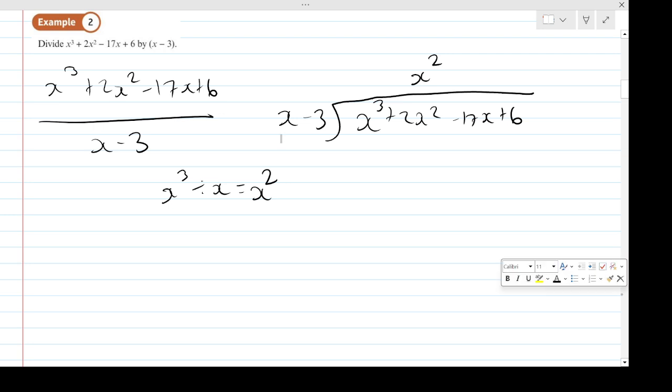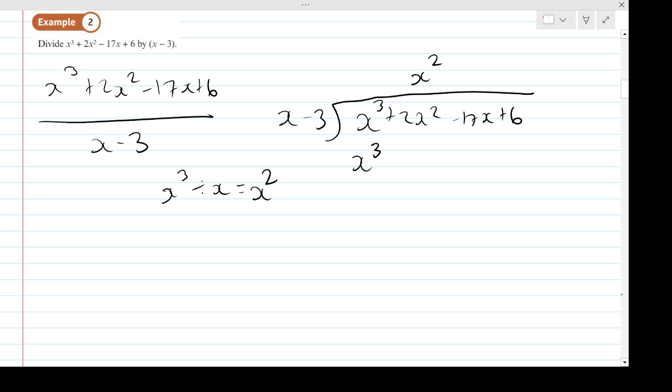Then once we've got that part, we are going to multiply that term x squared by every term on the outside. So x squared times x is x cubed, and I'm going to write that down here.